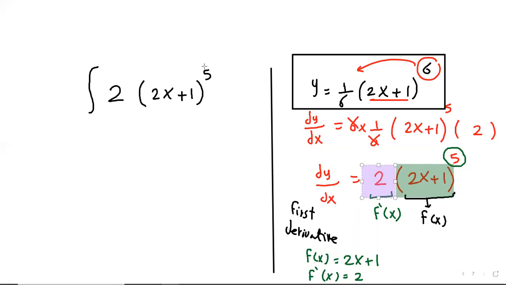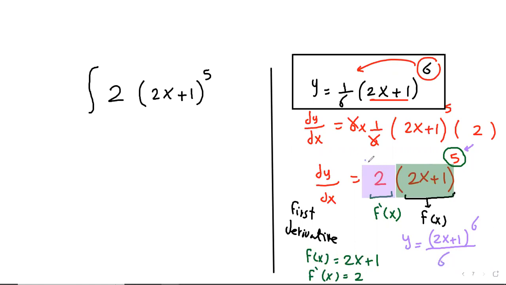So in this case, to find y directly, add 1 to the power. So it will be f of x, add 1 to the power, 2x plus 1 to the power of 6, then divide by the new power.